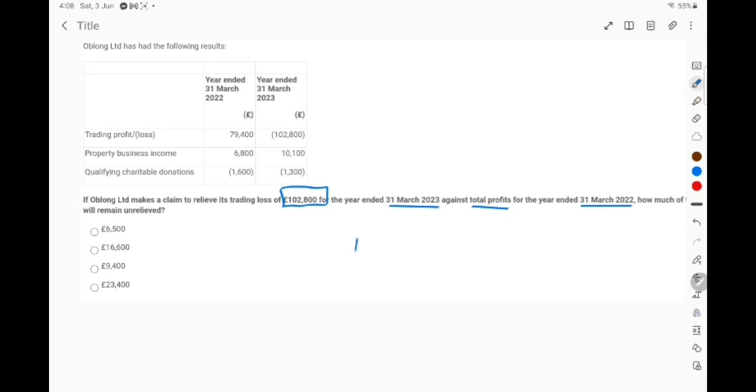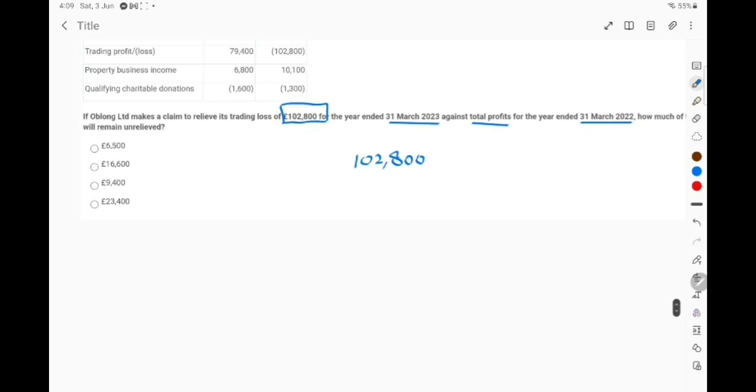So first we have to deduct the current year property business income 10,100, and then 79,400 and 6,800 of previous year total profit, and the remaining would be the result.